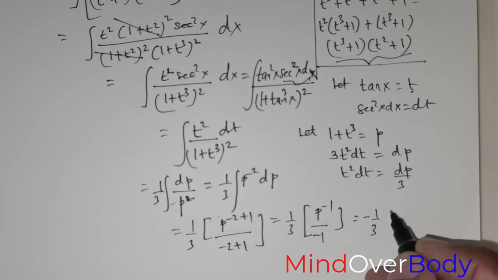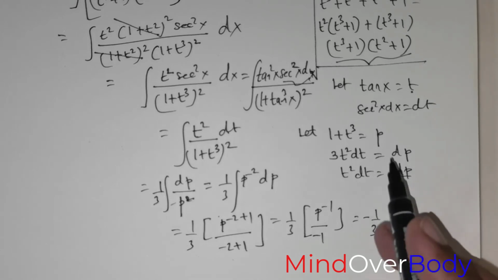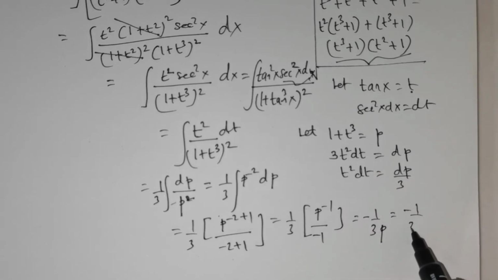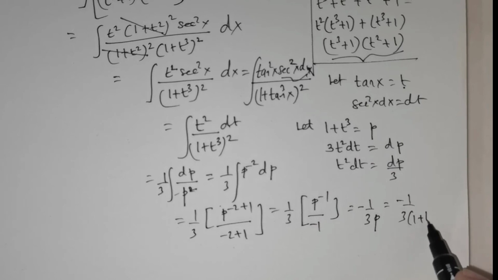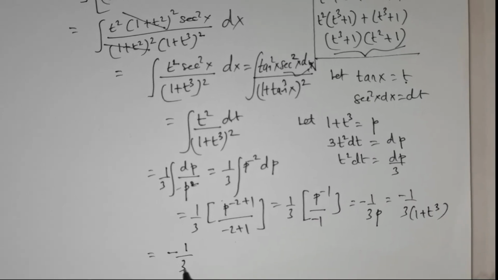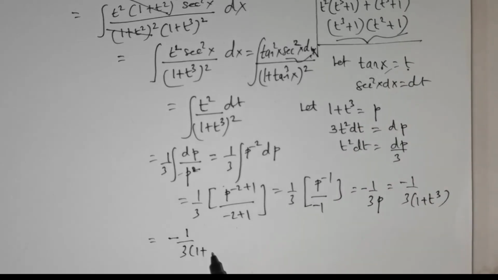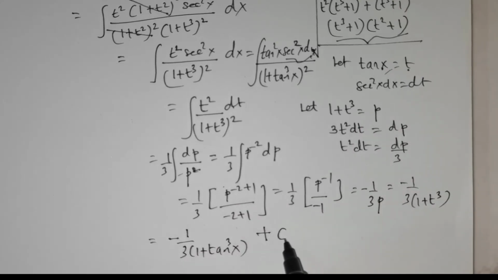It's going to be negative 1 over 3 times p. But my p is 1 plus t cubed, which is equal to negative 1 over 3 times 1 plus, but my t is tan x, so it's going to be tan cubed x, and we need to place the arbitrary constant c.